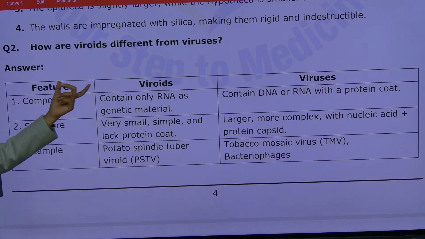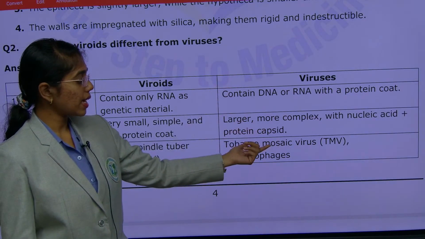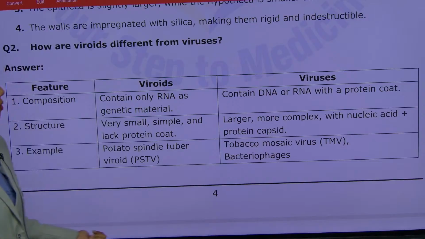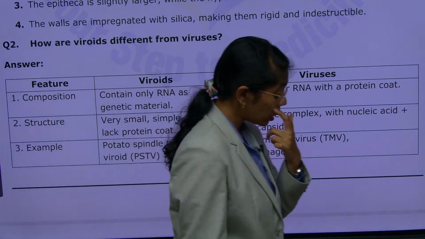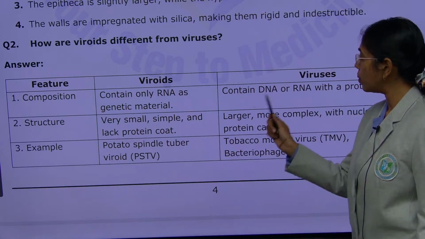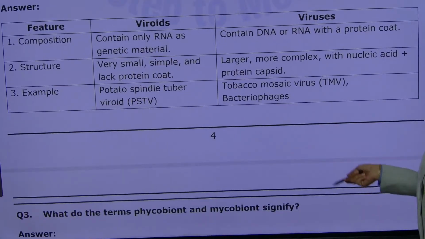An example of a viroid is potato spindle tuber, and of a virus, tobacco mosaic virus. You can also add who discovered viroids: Theodor Diener. And who discovered viruses, you can also add about virus discovery.